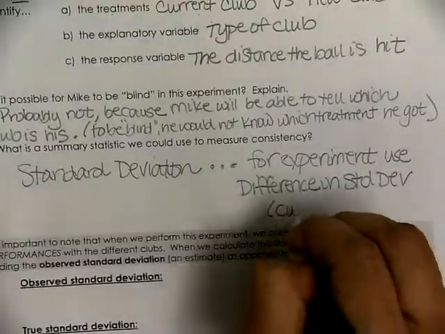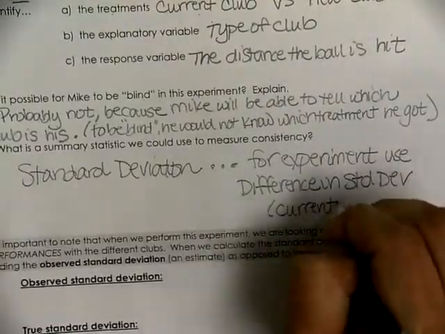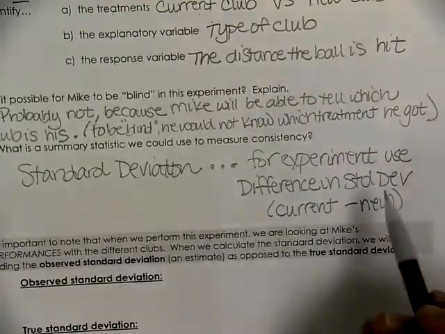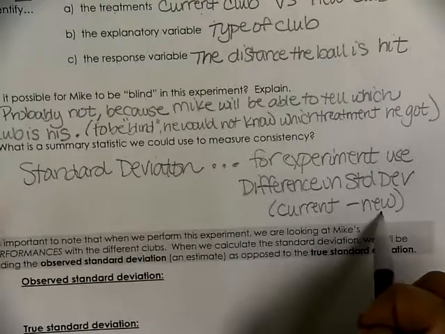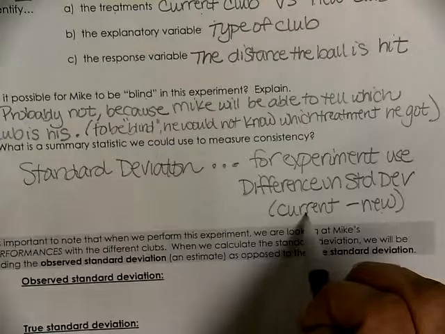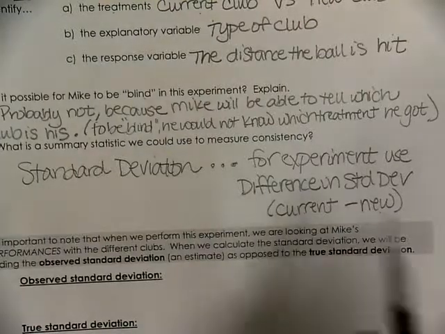And we'll use the current minus the new to see the difference. Because again, he thinks that the new club is going to be more consistent. So the current one will probably have a bigger standard deviation because it's worse.